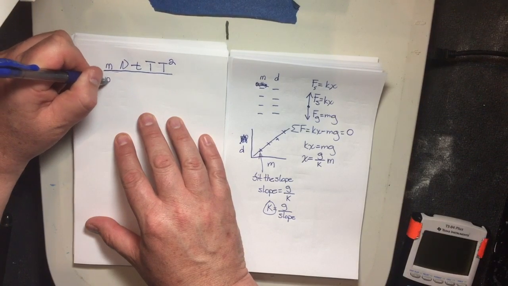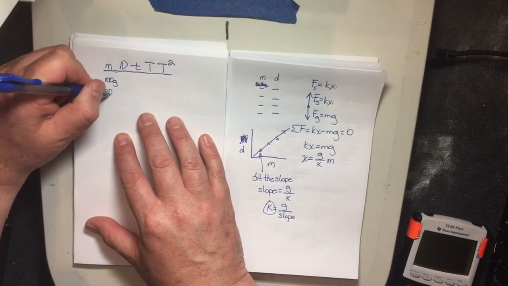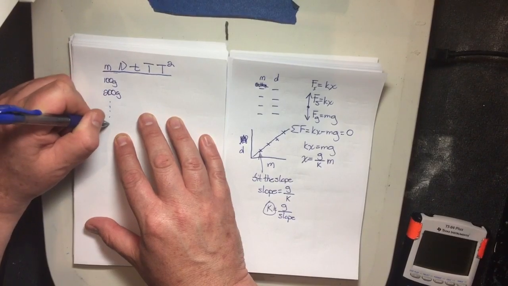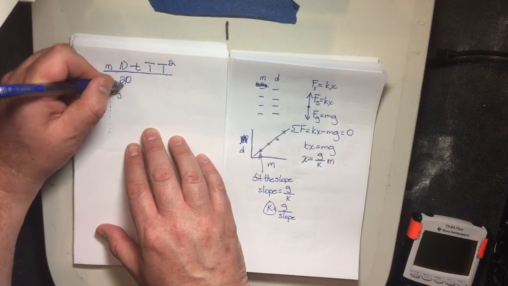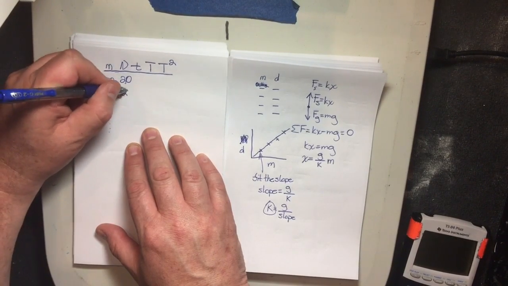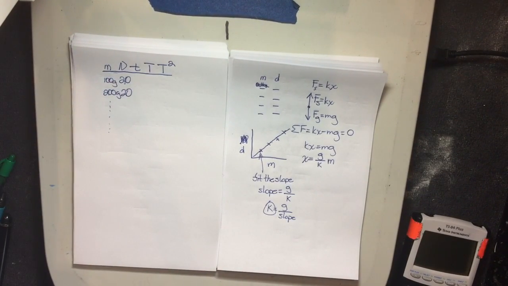So you're going to put like 100 grams, 200 grams, etc. And you're going to probably have the number of oscillations be 20, 20 all the way down. But the total time is going to change, the period is going to change, and the period squared is going to change. Now, one of the things that's weird is, you're like, well, why am I using period squared?